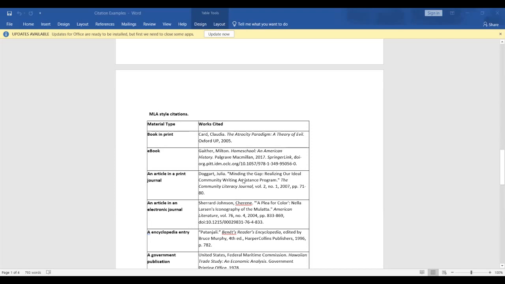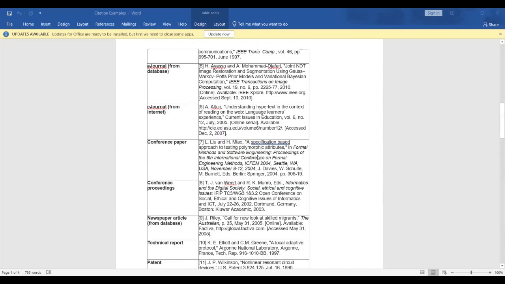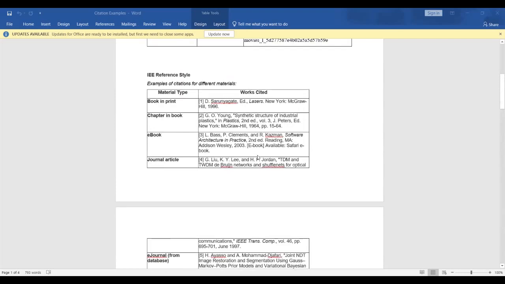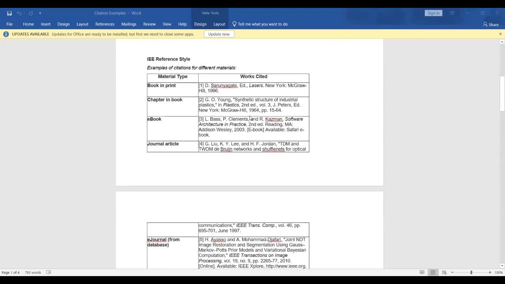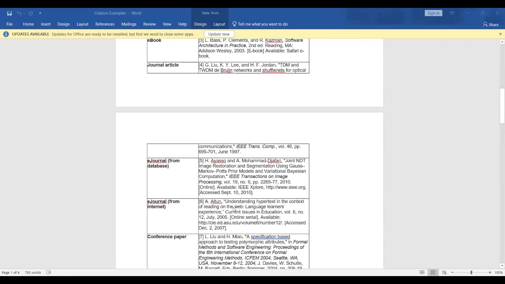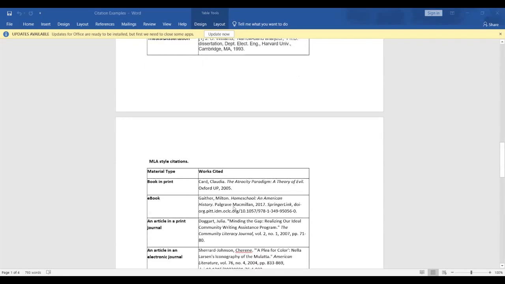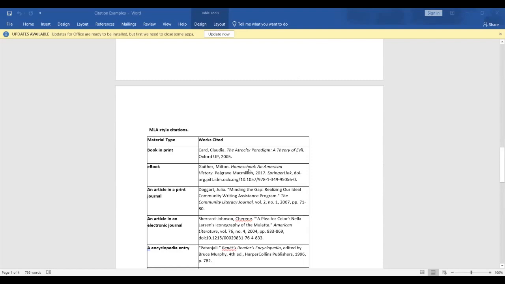Now, there's a major difference when you look at this side from these two about authors. Can somebody note it? Look at this. Then look at this. There's a major difference when you think of authors. Did you notice it? Author comes first.